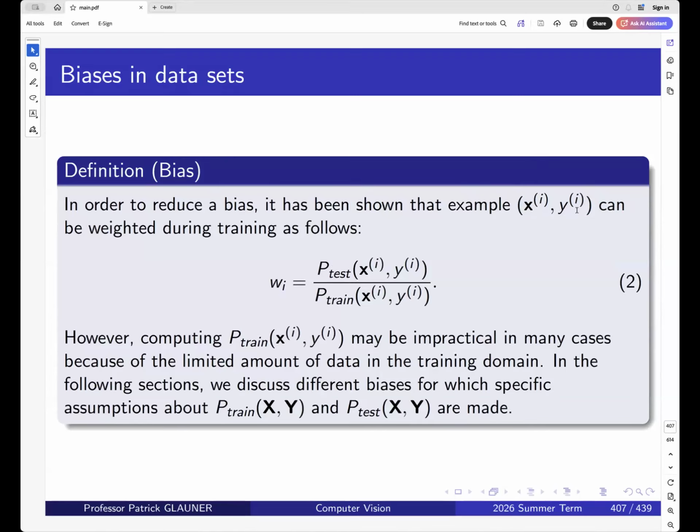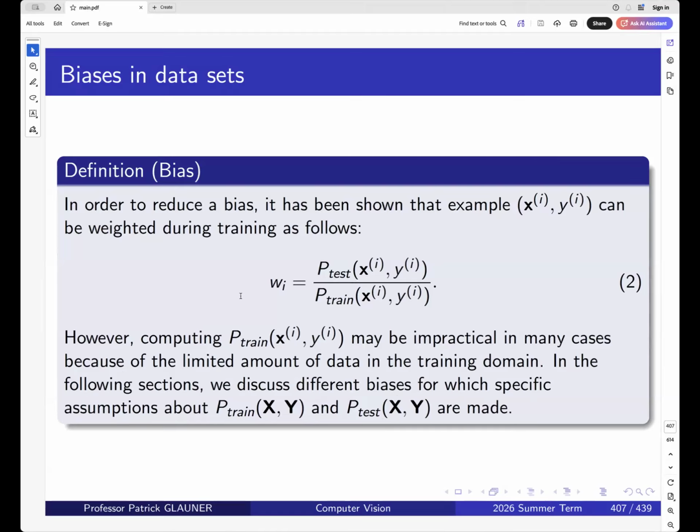Have you ever seen in scikit-learn that for some models you can not just pass your training data, but also weights for the training data? If so, maybe thumbs up or thumbs down. So some have seen this. Perfect. Not with all models, but with some models, you can pass weighted samples.